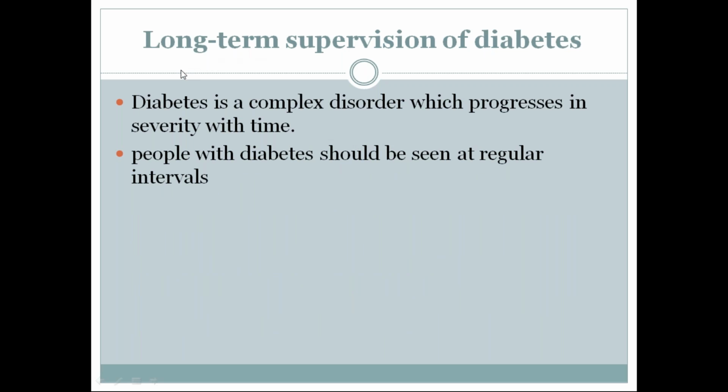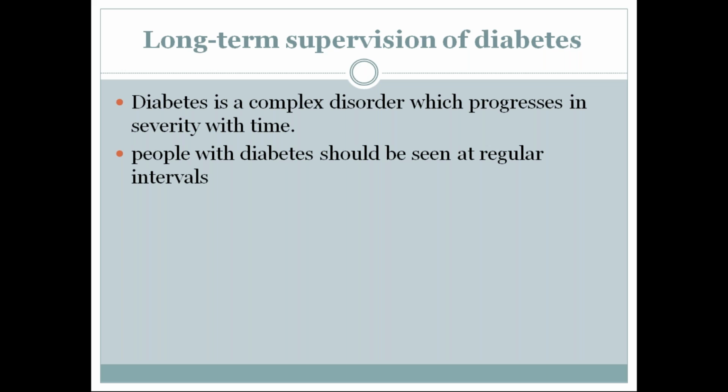Then coming to long-term supervision of diabetes. As it is a complex disorder and it progresses with time, you ask the patient to come at regular intervals to check their glycemic levels.